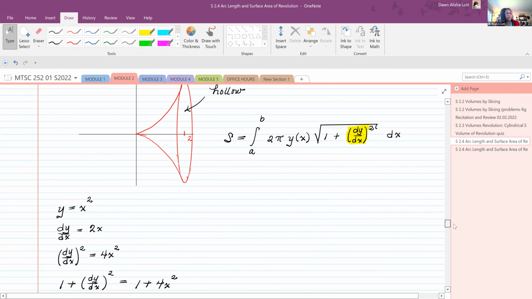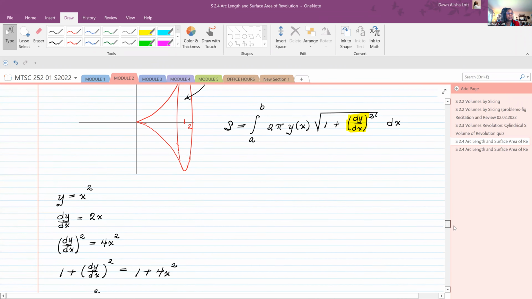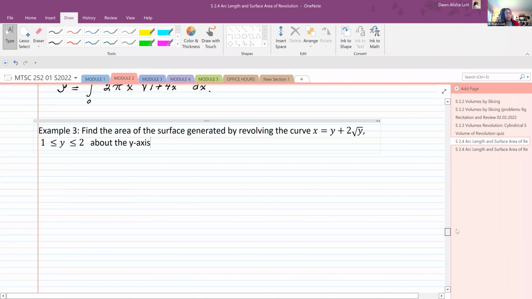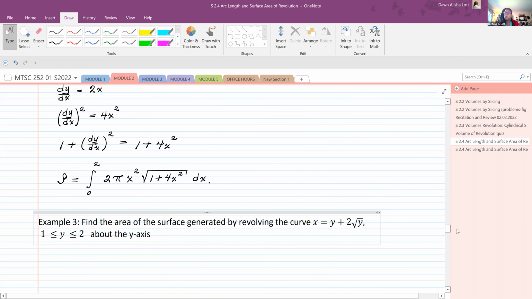But then you know 2 pi, you know what y is, you know how to do the derivative, you know how to square it, you know how to add 1, stick it inside the radical, and there you go. Set up but do not solve, on to the next problem.